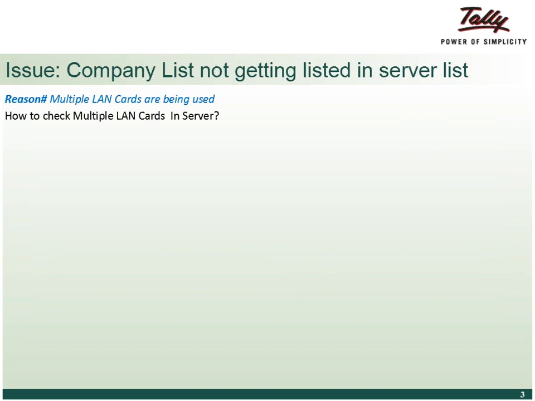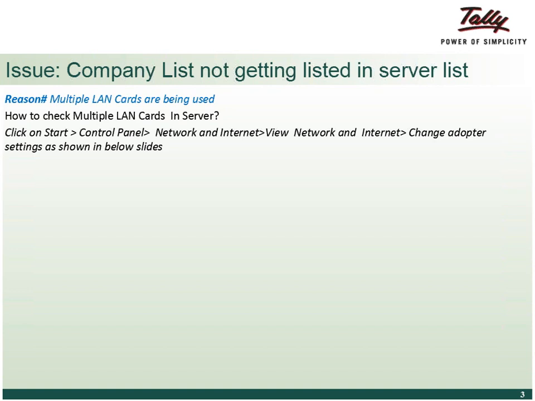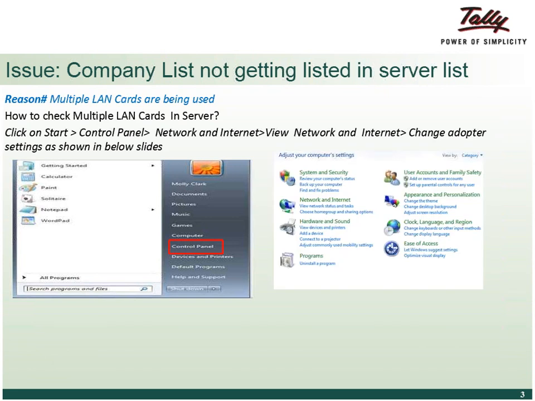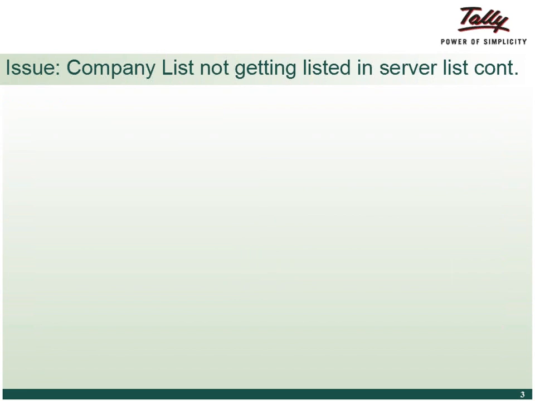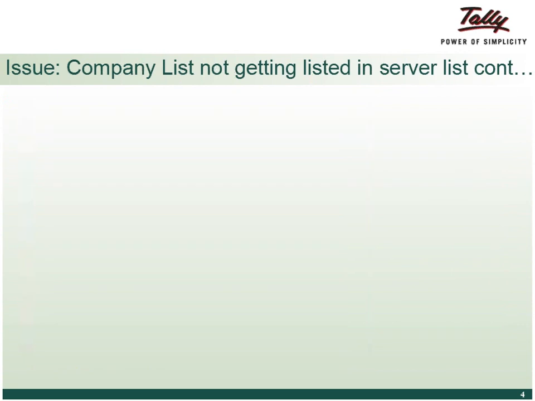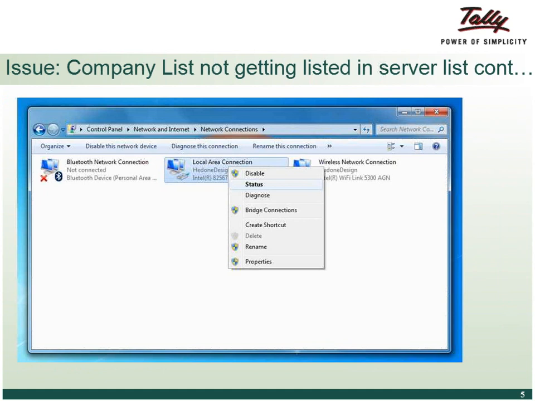In order to check the multiple LAN cards, you need to simply click on Windows Start option, go to the option Control Panel, then click on Network and Internet Settings. Then here you will be able to get Network and Sharing Center. So here you need to click on the option Change Adapter Settings so that the LAN cards that are being used at customer location can be visible.